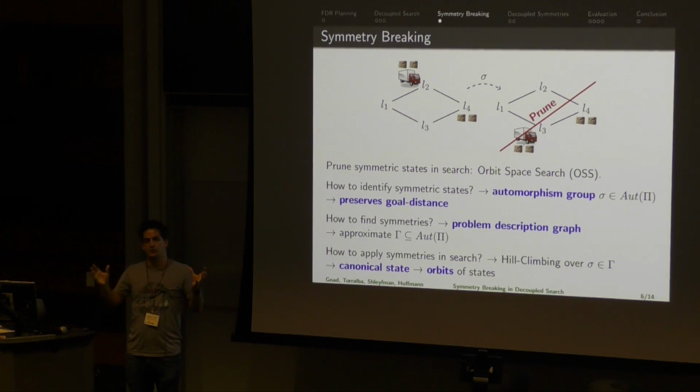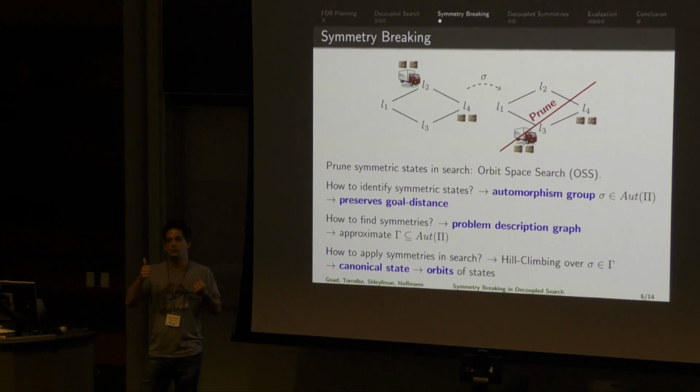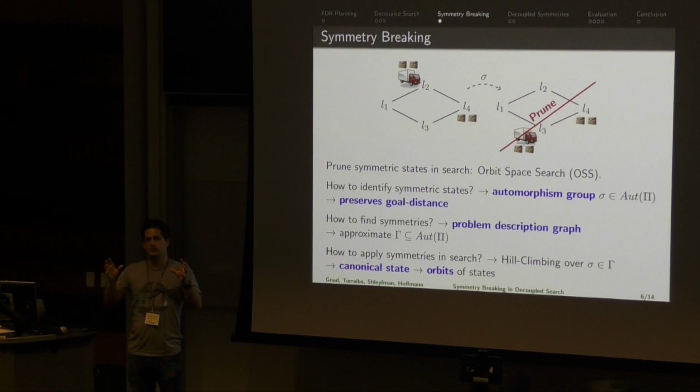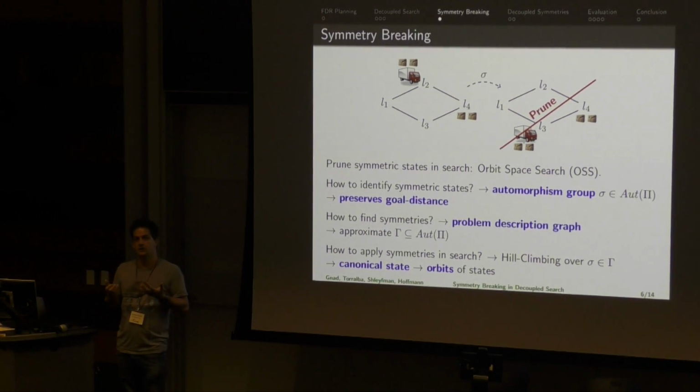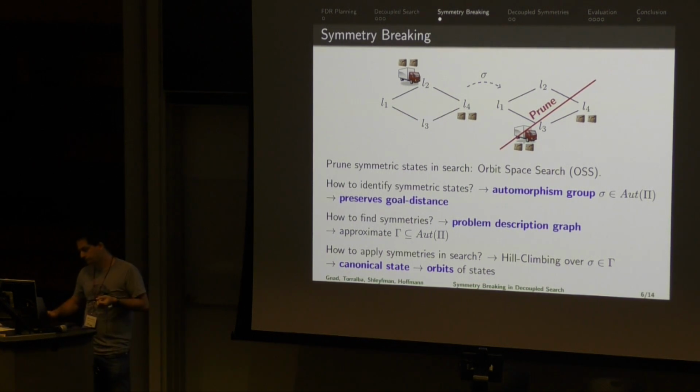We call this big set of states the orbit. What we do in the search is we only want to store a single representative, which is called the canonical representative of this big orbit, and only keep this one representative in our search space. We prune all others. Unfortunately, computing one single canonical representative is an NP-hard problem, so we need to approximate using this hill climbing approach.